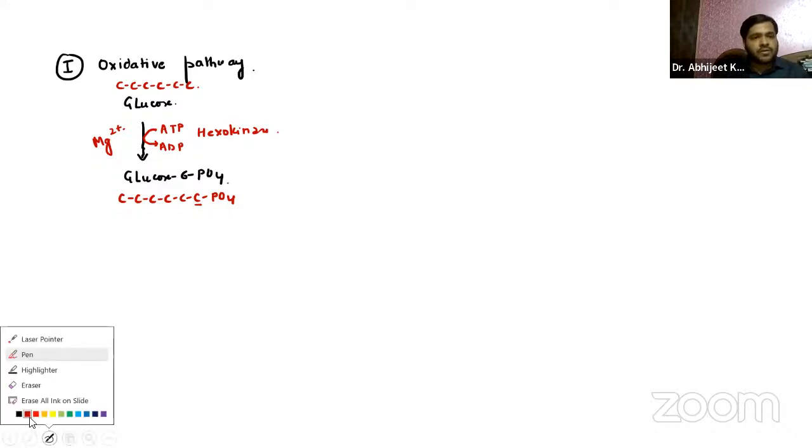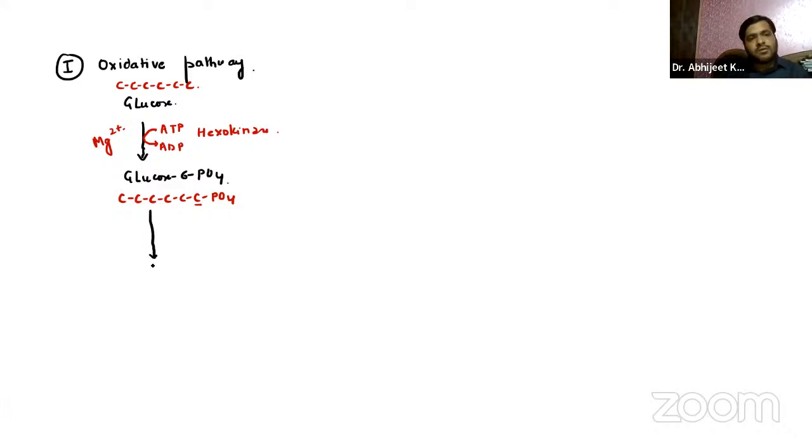Which enzyme is used over here? Mg2+ is needed, and the enzyme is hexokinase. First step, right? Now, this glucose 6-phosphate will be changing into 6-phosphogluconate.